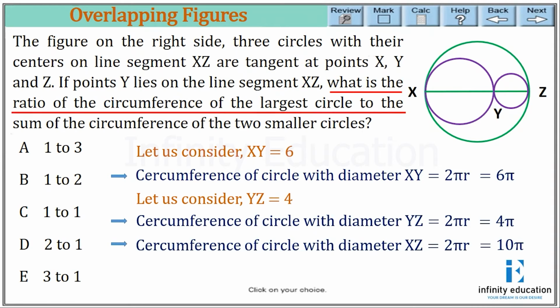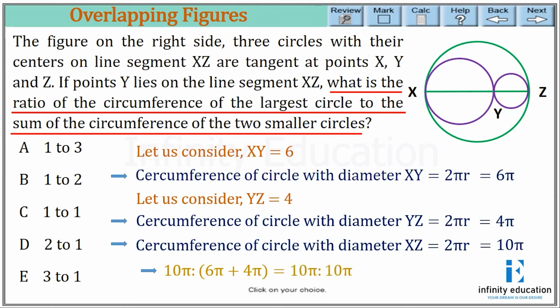Now the question is asking the ratio of the circumference of the largest circle to the sum of the circumferences of the two smaller circles. We can rewrite that as 10 pi is to 6 pi plus 4 pi, that is 10 pi is to 10 pi. So 1 is to 1. That is C, the answer to the question. I hope the question is clear to you. Now let's see one more example.